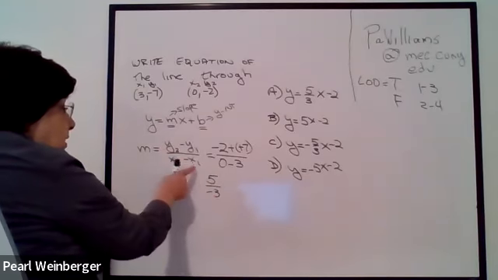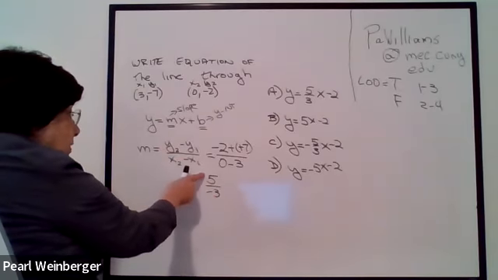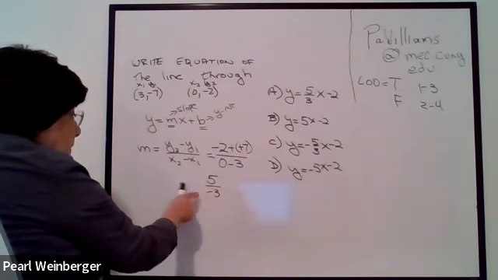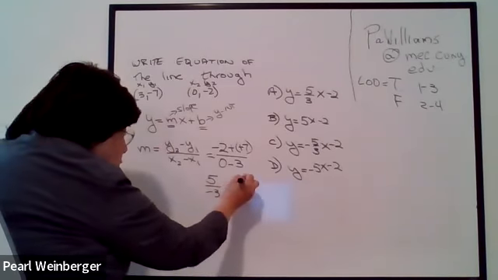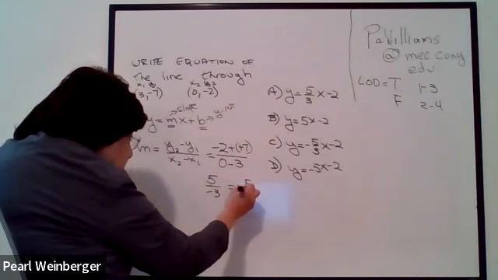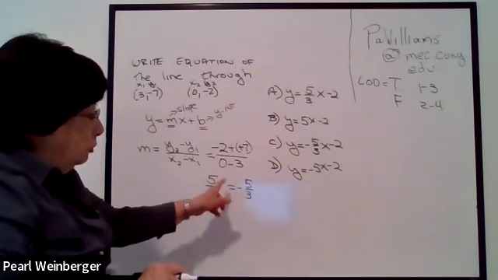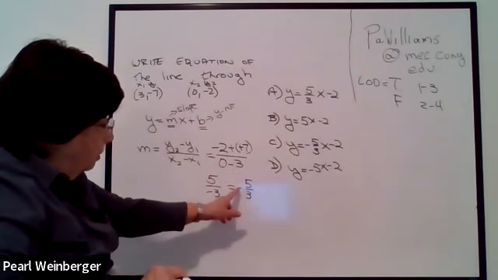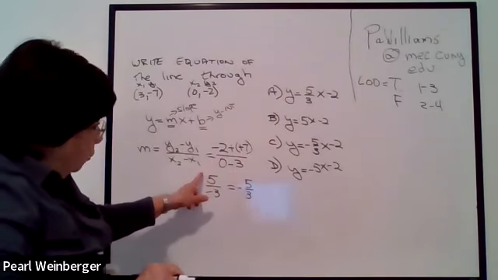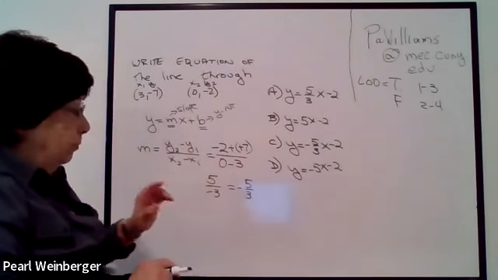Remember, when there's a negative in a fraction, it could either be on the top or on the bottom or in front. They all mean the same thing. It doesn't matter. You can move this negative around, but it's not two negatives. It's just one negative in front, or one on top, or one on bottom.